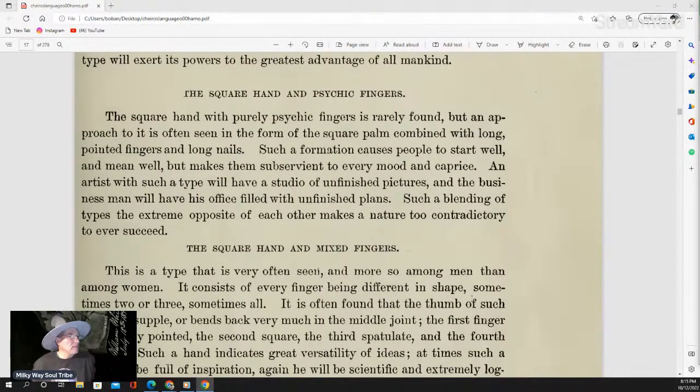The square hand with psychic fingers. The square hand with purely psychic fingers is rarely found, but an approach to it is often seen in the form of a square palm combined with long pointed fingers and long nails. Such a formation causes people to start well and mean well, but makes them subservient to moods and caprice.